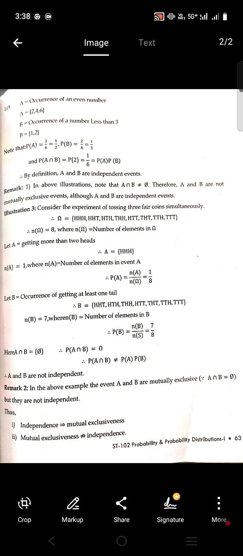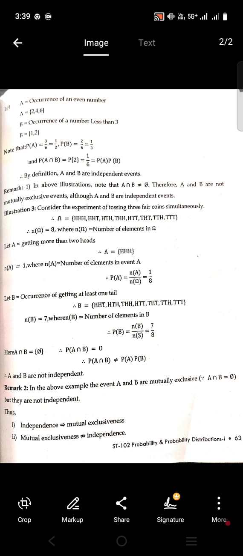So the probability of A intersection B equals the probability of 2, which is m by n.